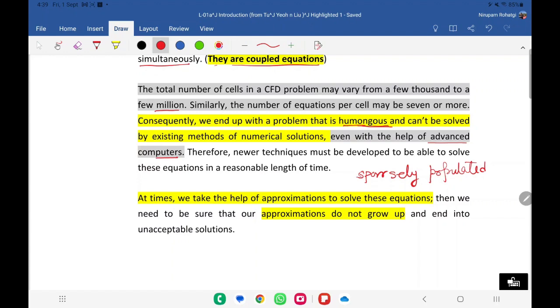But now the methodology we already have for solving the equations simultaneously will not work, because there are 8 million equations. But fortunately, these equations are sparsely populated. Most of the terms are 0 and only a few terms are significant. So techniques have been developed to solve these equations, and that is where mathematics comes into the picture.